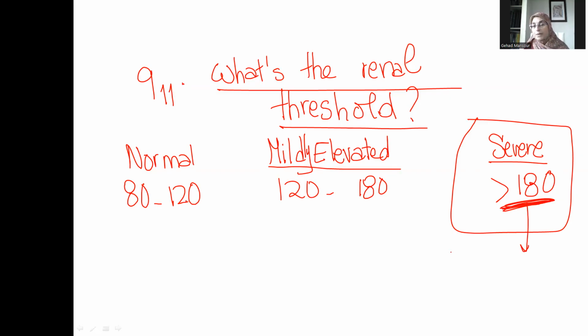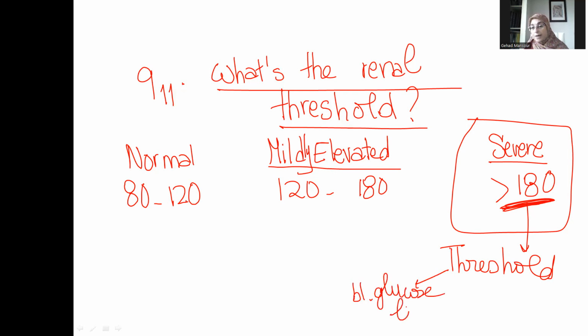So 180 is the renal threshold. The renal threshold is a blood glucose level that, when exceeded, will result in glucosuria, and if glucosuria occurs, then all the symptoms will occur.